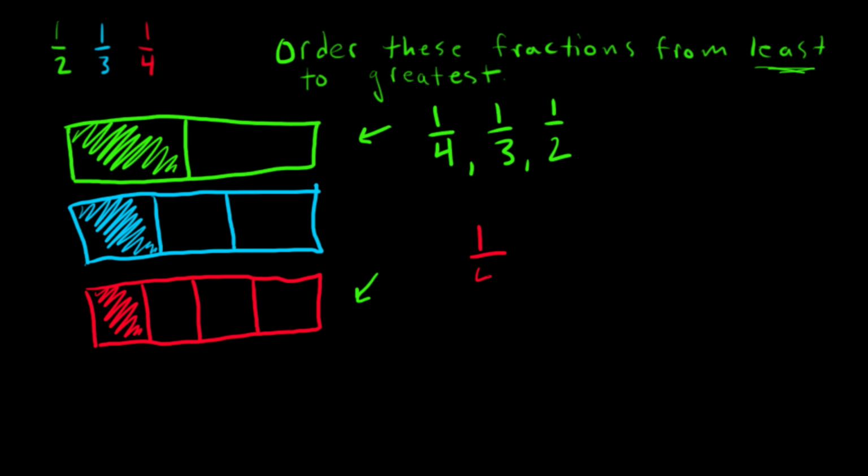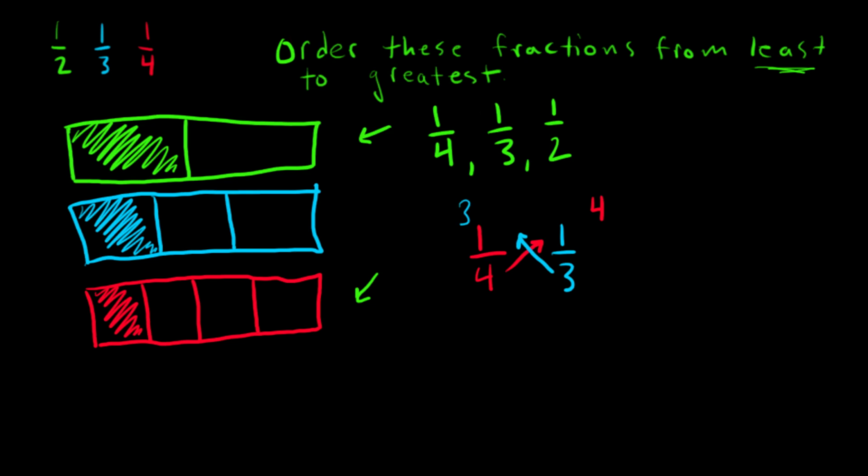Let's look at 1/4 compared to 1/3. I'm going to multiply here 4 times 1 and get 4. And I'm going to multiply 3 times 1 and get 3.